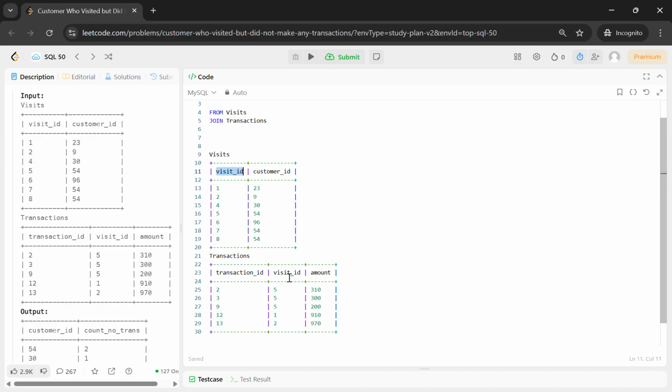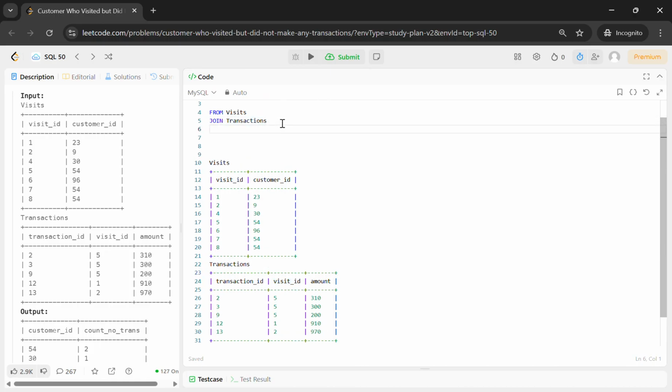Visit ID is the one, right, which is common in both, so we'll put condition on the visit ID column. From visits join transactions on visits dot visit ID, the visit ID of the first table, equals to the visit ID of second table.